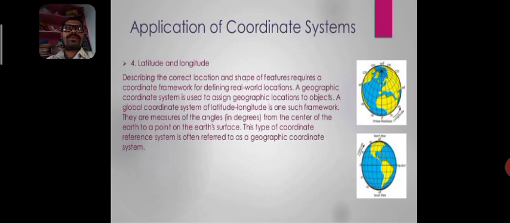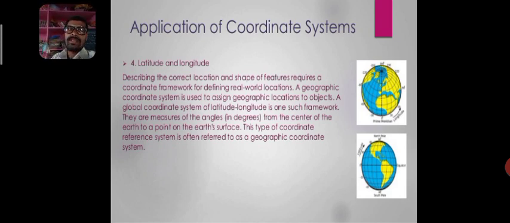Also, the coordinate system of geometry is useful to describe the correct location and shape of features. The coordinate framework for defining real world locations is longitude and latitude in geography. A global coordinate system of latitude and longitude is one such framework.